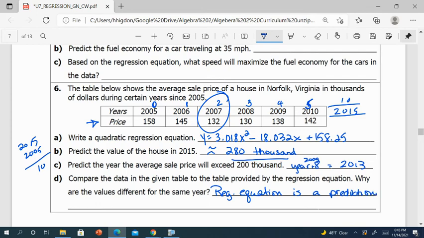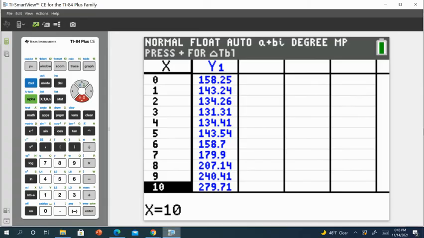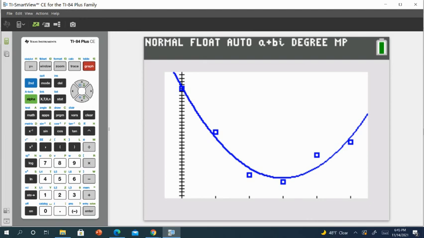It's not exact, especially when we look at the graph. If you go back and look at the graph, the curve that you actually see here is the regression equation that we came up with, or the calculator created from the data. You'll notice that a lot of your data points don't even hit the curve.